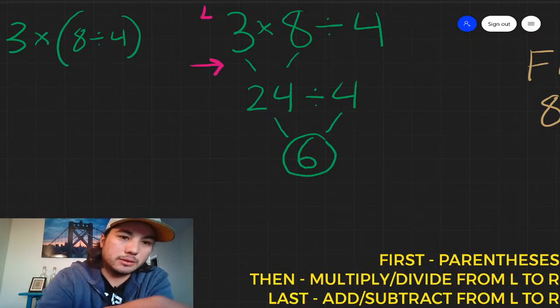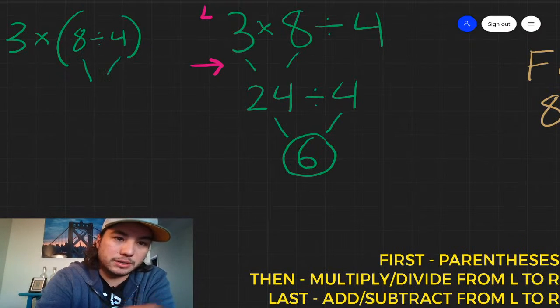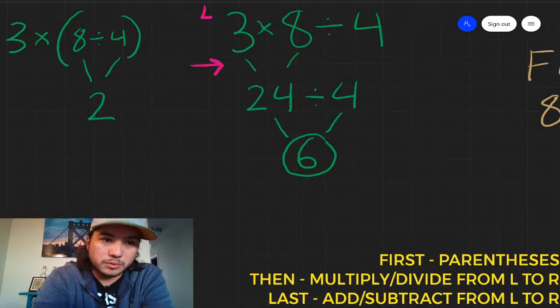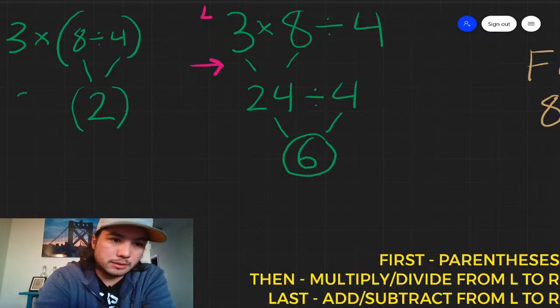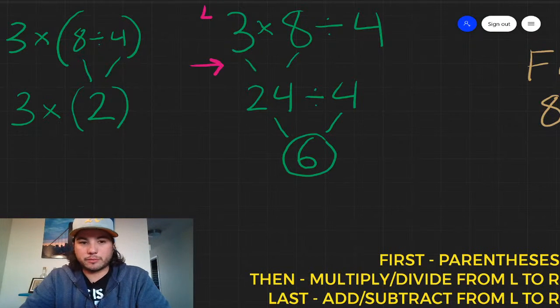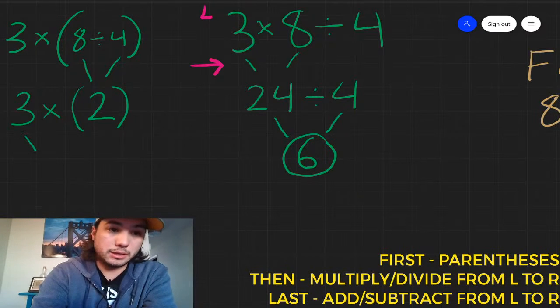Try that. So start with 8 divided by 4 because it's inside the parentheses. 8 divided by 4 is, if you have 8 and put it into groups of 4, you're going to have 2 groups of 4. So that's inside our parentheses. We keep the rest of our expression the same. So in essence, we have 3 times 2, which in this case does equal 6.